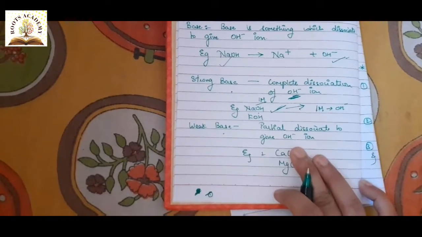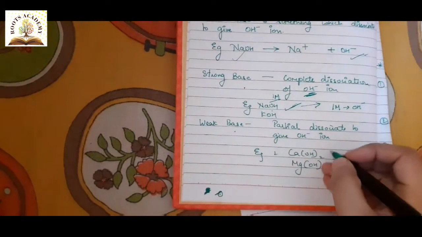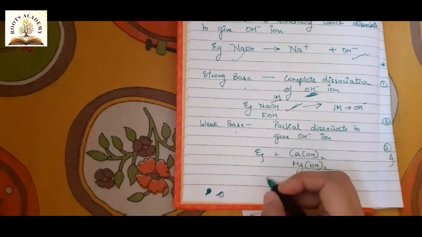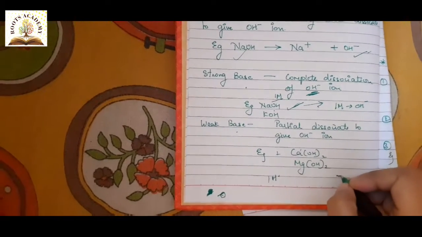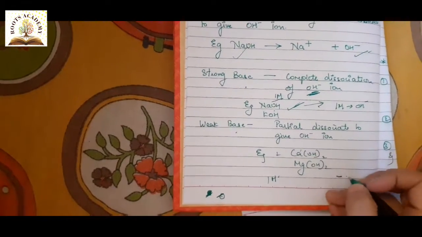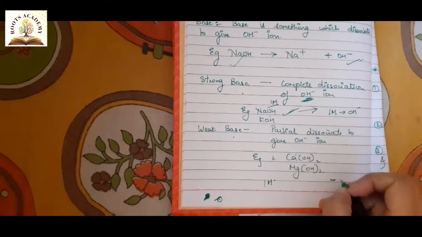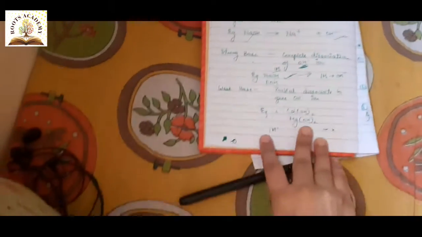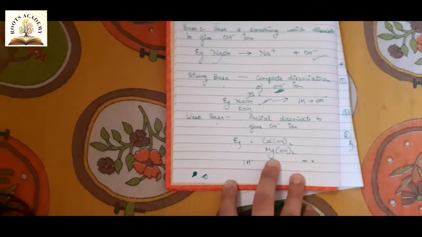What about the weak base? A weak base partially dissociates to give OH minus ion. When you put it in water, it will partially dissociate. If you take 1 molar of calcium hydroxide, you do not get 1 molar, you get less than 1 molar. That is called partial dissociation, and that is called a weak base. There is no complete dissociation of OH minus ion in water.